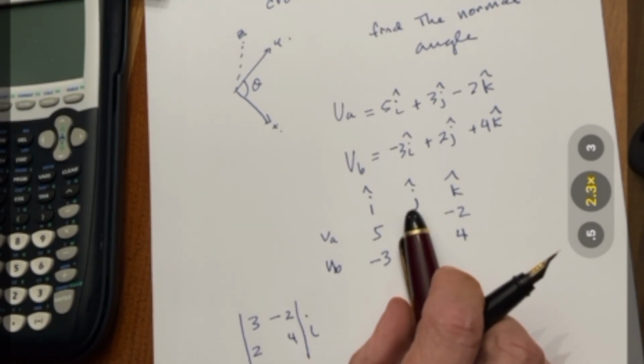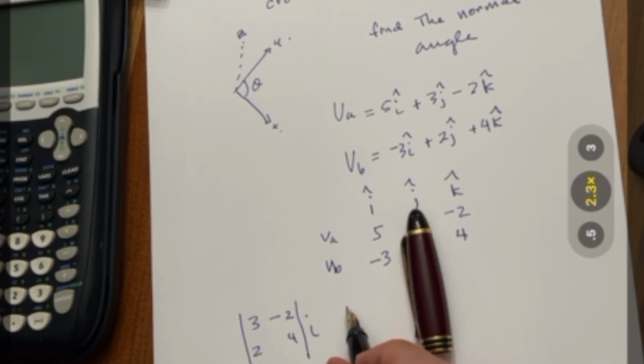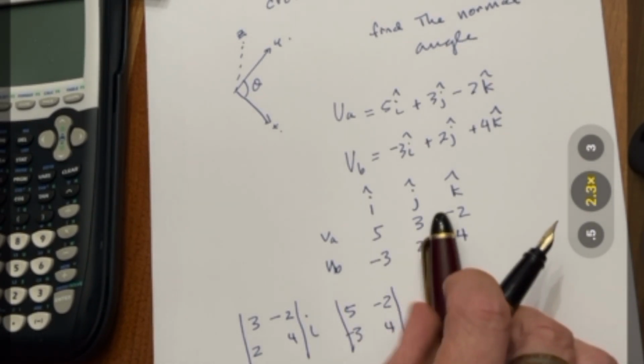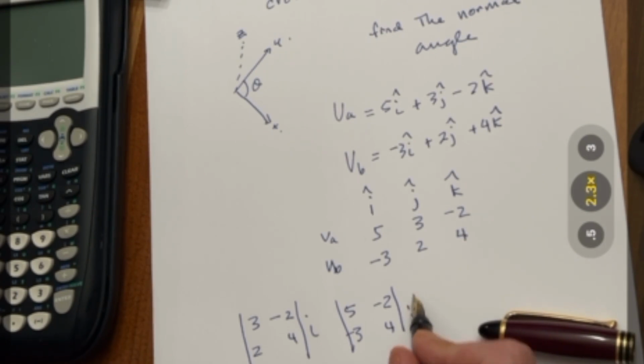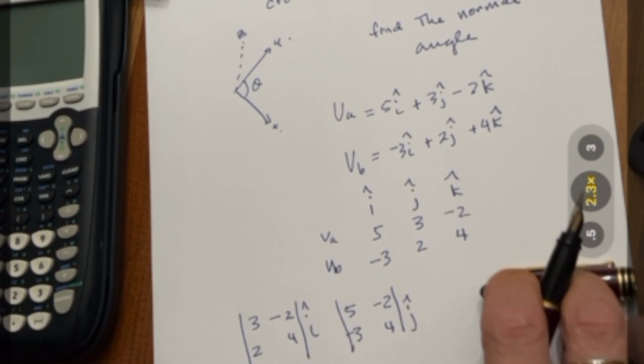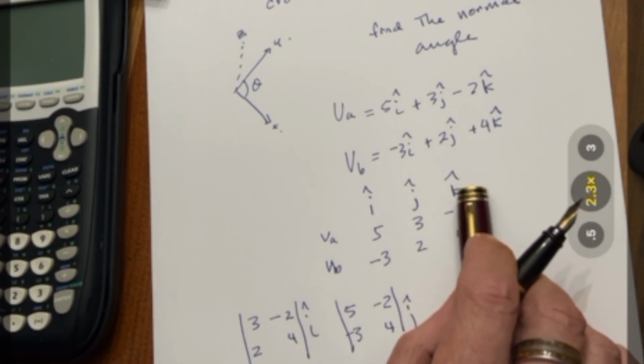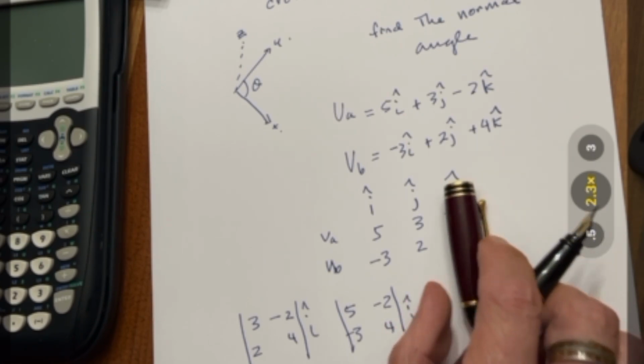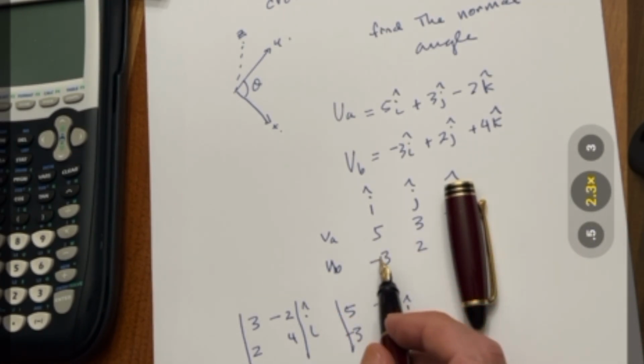Then we cover up j, and we get 5, negative 3, negative 2, and 4, and that will be our j vector. And then finally we cover up k, and we get 5 and 3 and negative 3 and 2.